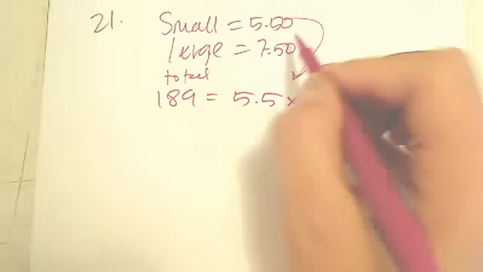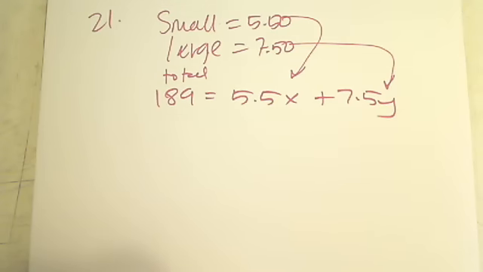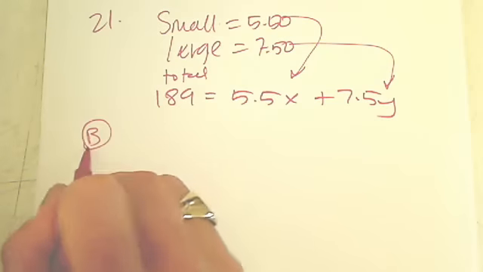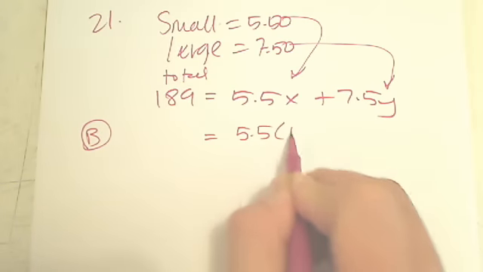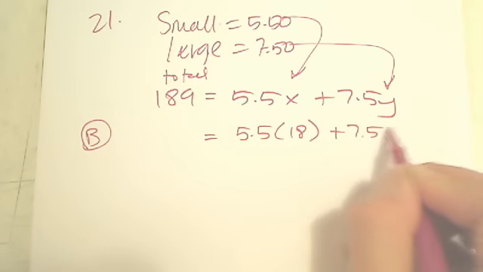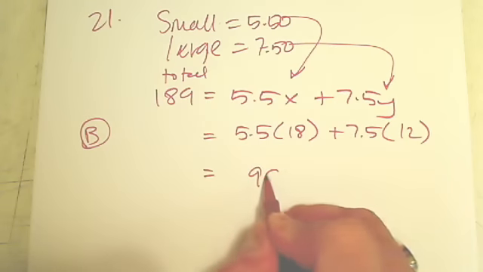There is the small and there is the large. The question says, how many did she get of each? What'd y'all think? B? Okay, let's try B out. If you have 5.5 times 18 plus 7.5 times 12, 5.5 times 18, if you multiply it out, you get $99.